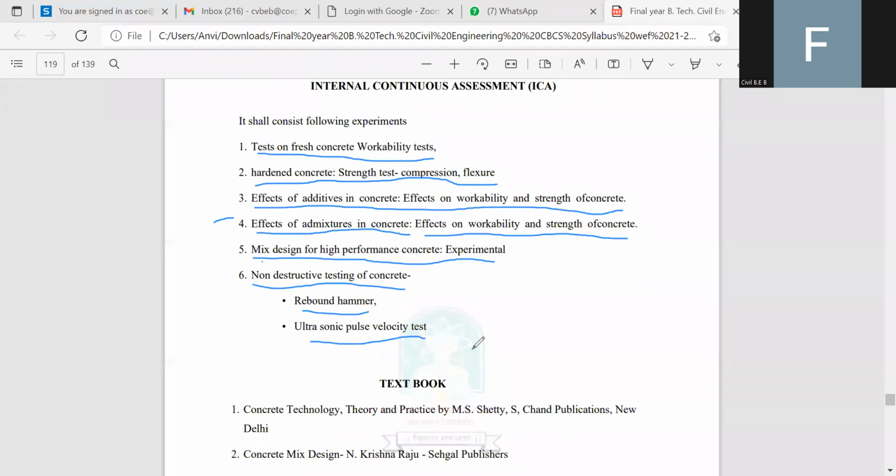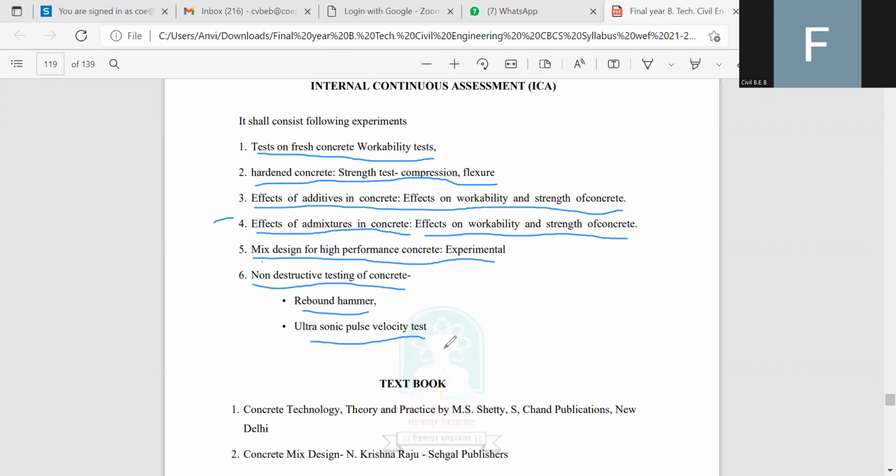By using this rebound hammer, we can calculate the compressive strength of concrete of an existing structure. एखादी बिल्डिंग आहे, कॉलम आहे, स्लॅब आहे, बीम आहे, M25 ग्रेडचं कॉन्क्रीट आपण डिझाईन केलं होतं, पण आता त्याची स्ट्रेंथ किती आहे, so that we will get from this rebound hammer test.